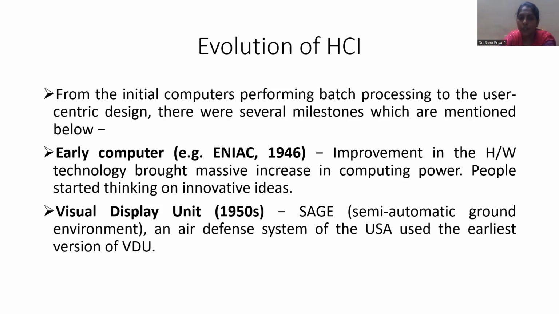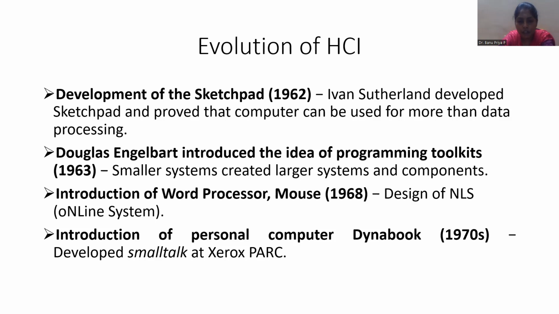Then slowly, when the visual display unit evolved, in the 1950s, using SAGE, the semi-automatic ground environment, the visual display unit started evolving in the defense system of the USA, and then HCI bloomed. Because we need a user and a system. Only if we have a system can HCI start.